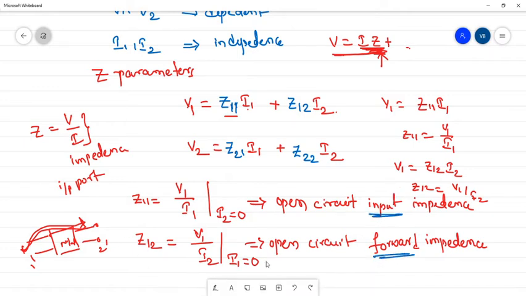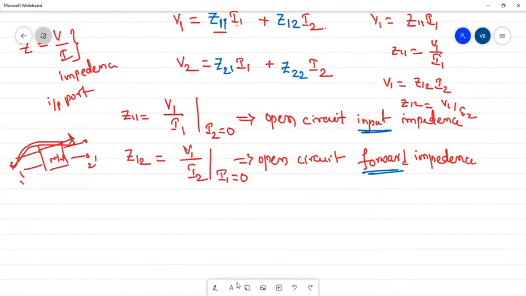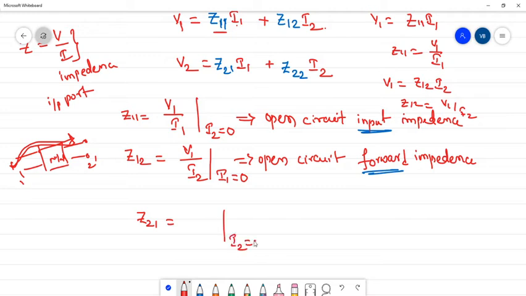Same thing, you tell me for the next two equations. In order to calculate Z21, you should make I2 as 0. Whenever you make I2 as 0, V2 is equal to Z21 I1.